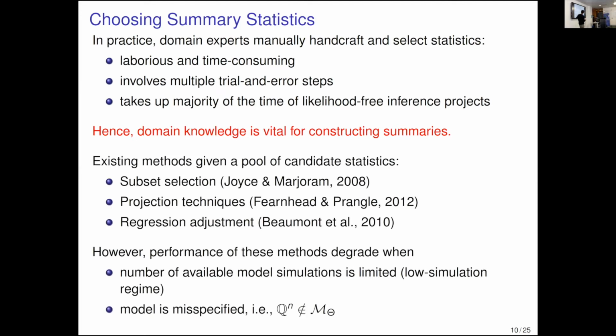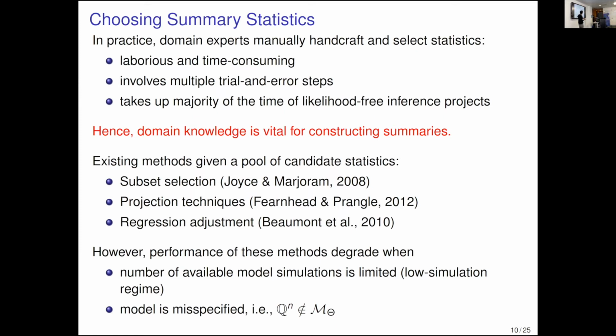Okay, so there are existing methods that try to handle this problem. Given a pool of candidate statistics, which usually comes from domain expertise, you can apply some subset selection techniques. They try to find the best subset which has approximately the same information that the full set has.